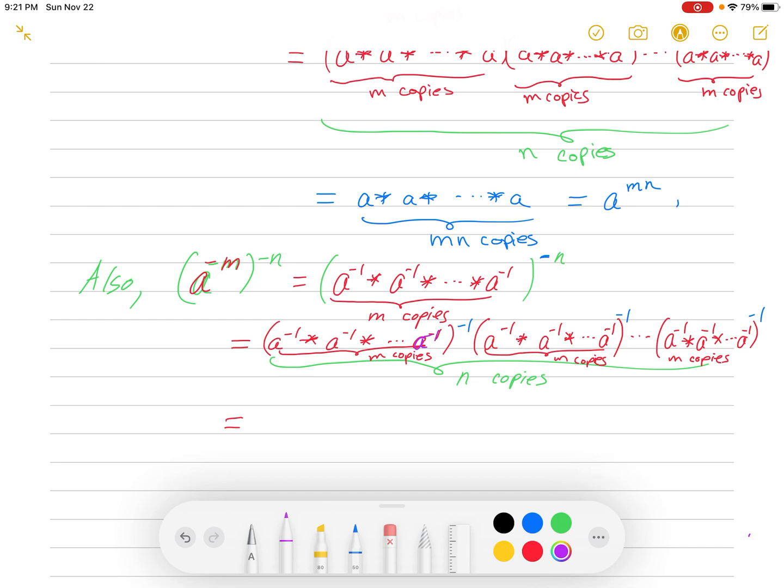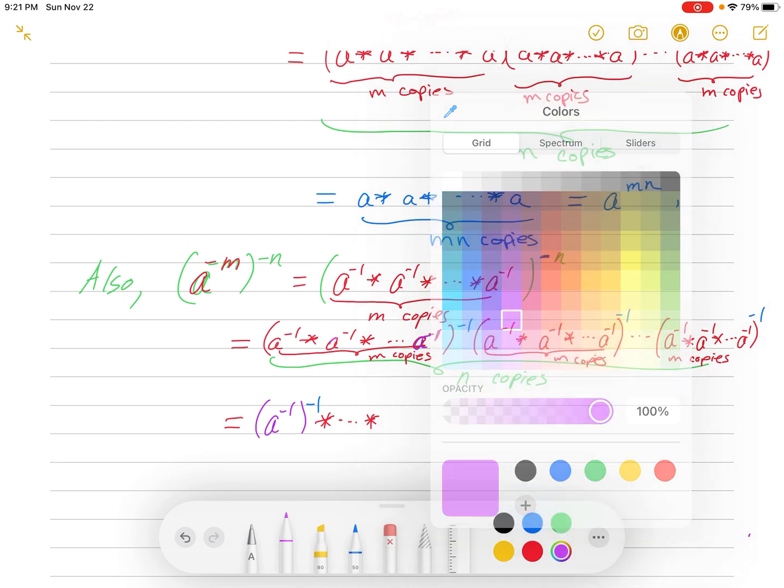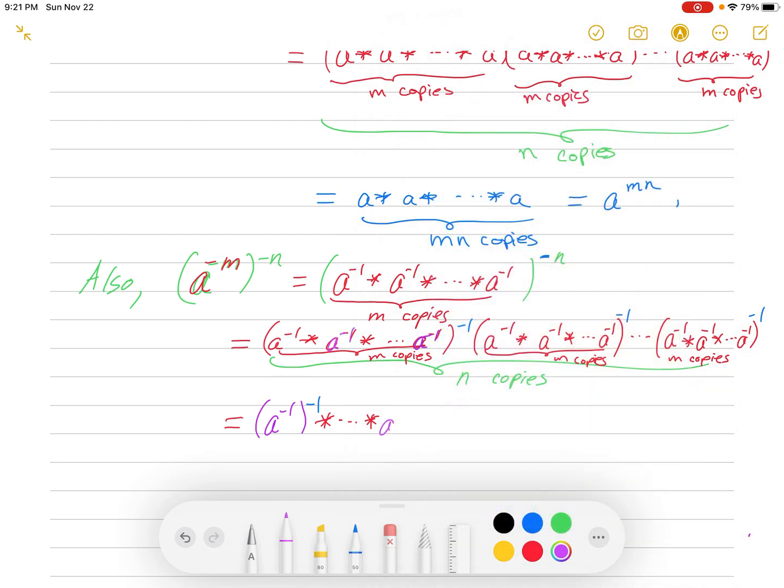This A to the negative 1 was the last element in that first parentheses with the red, with the blue negative 1 there. So we're going to take A to the negative 1, blue inverse, starred, dot, dot, dot, and we continue. Then A to the negative 1 gets blue inversed, starred, and then we go here, A to the negative 1.